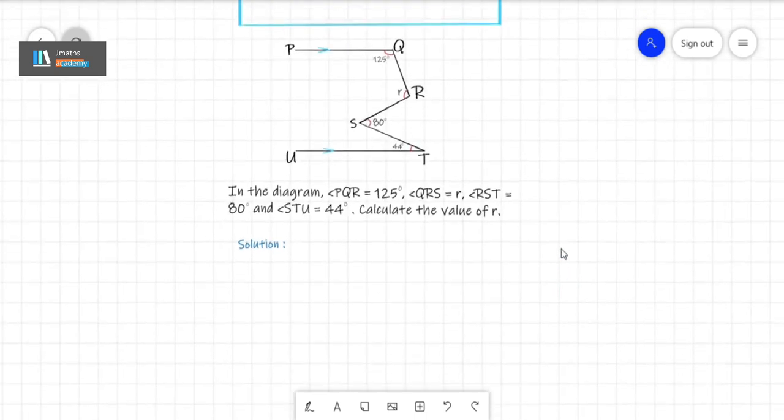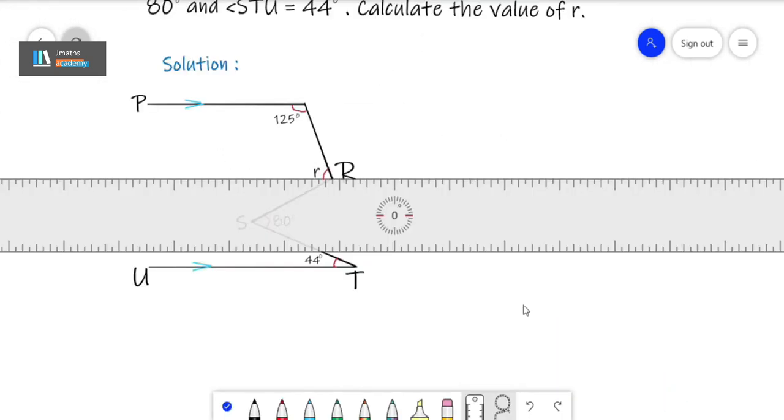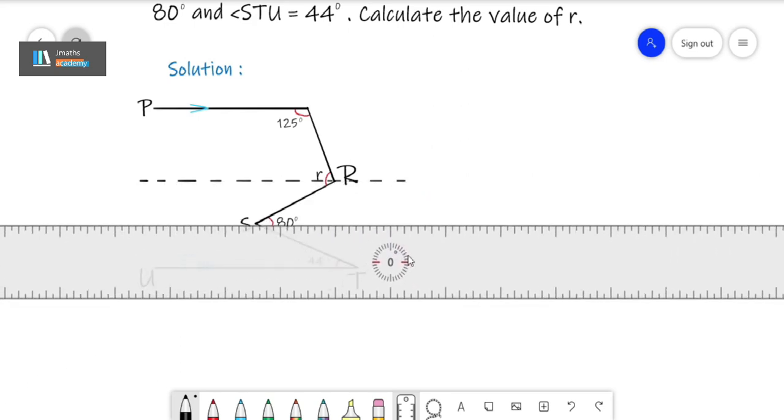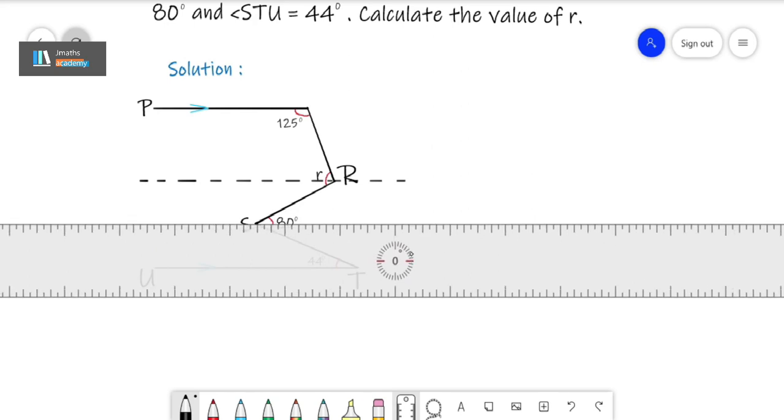Now let's move on. Solution. As you can see, our diagram is a little bit complex. So for us to simplify the diagram, I can draw an imaginary line here, and another imaginary line here, that shows parallelism.